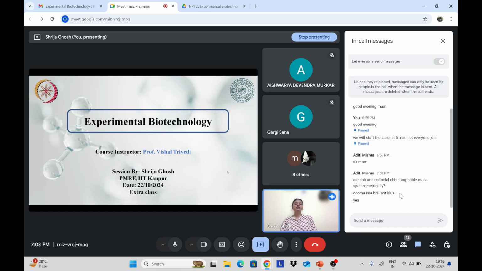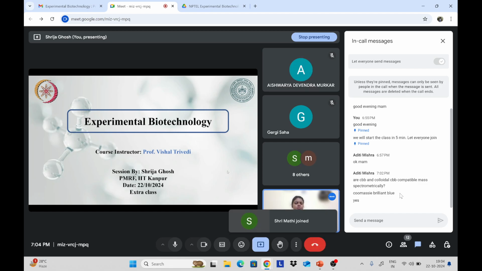In those cases, we remove the staining components completely because they interfere with the mass spec results. If we have done Coomassie staining or silver staining, there are procedures to remove those stains in order to do the mass spec analysis. Generally, before mass spec analysis we prefer silver staining because it is more sensitive, and after that there are procedures to remove the silver stain.